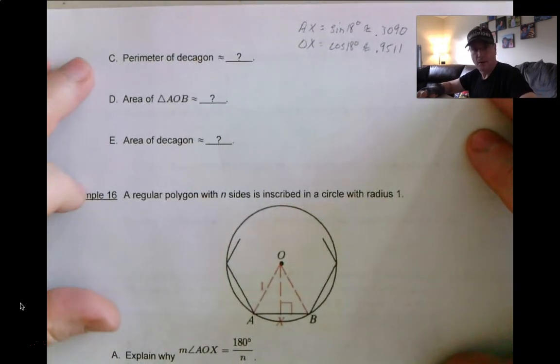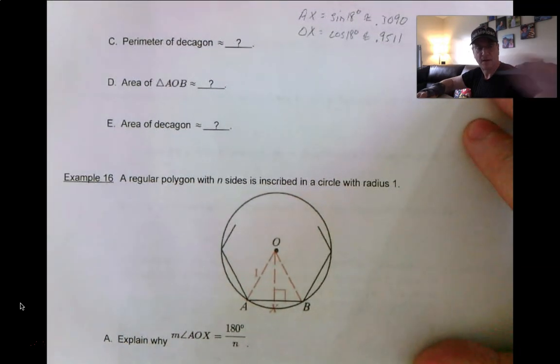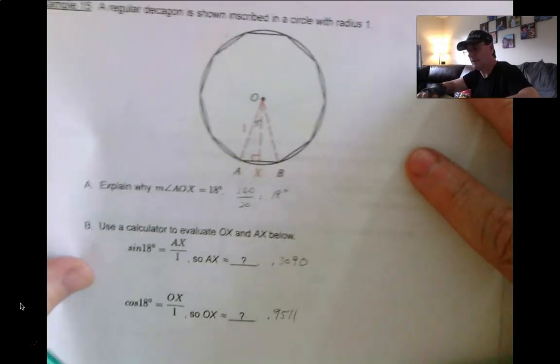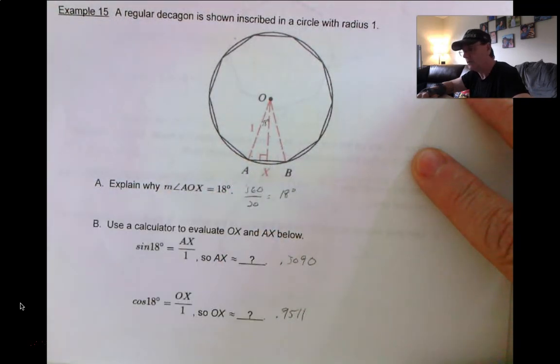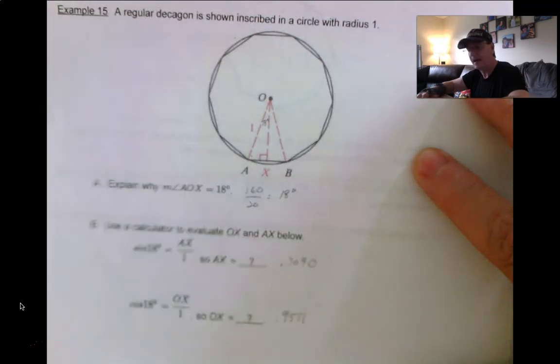Okay. Find the perimeter of the decagon. AX is half of one side, so we need to do 20 AXs.